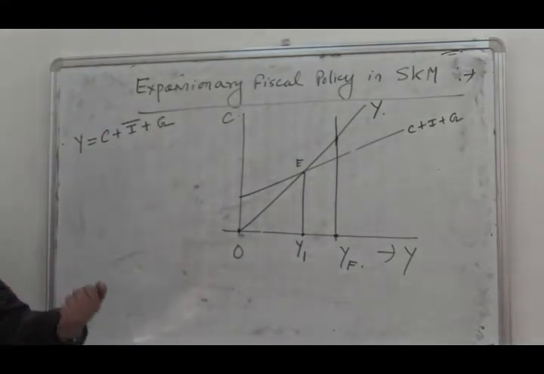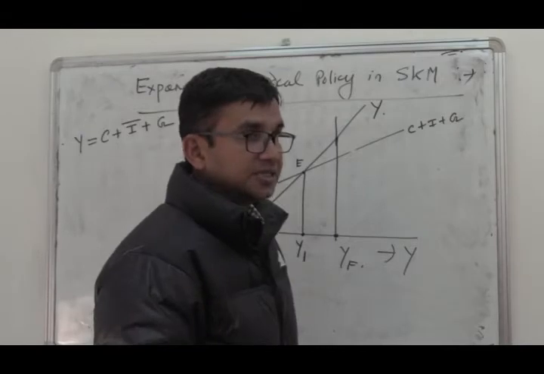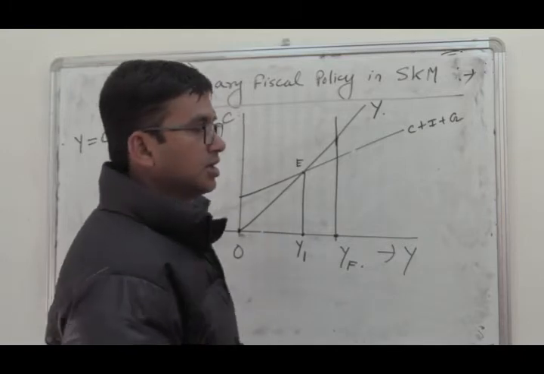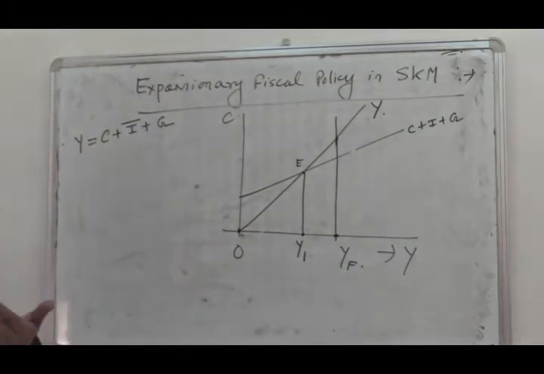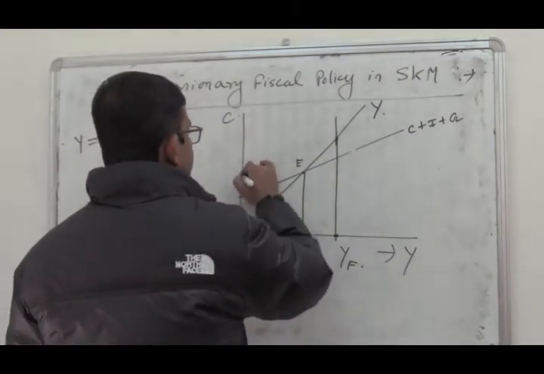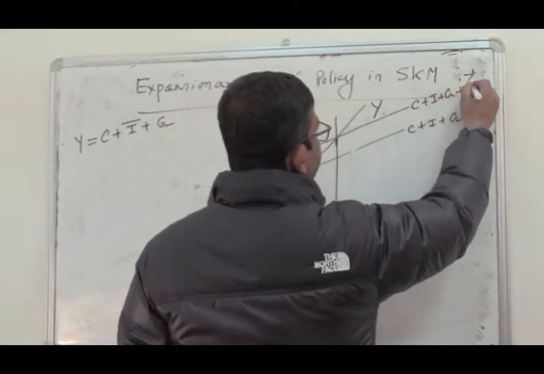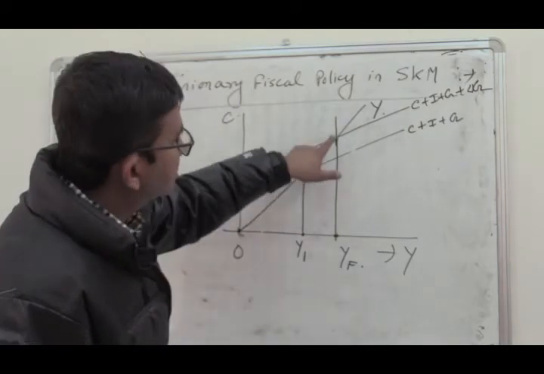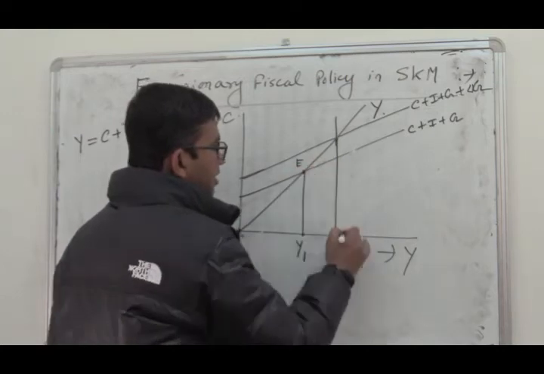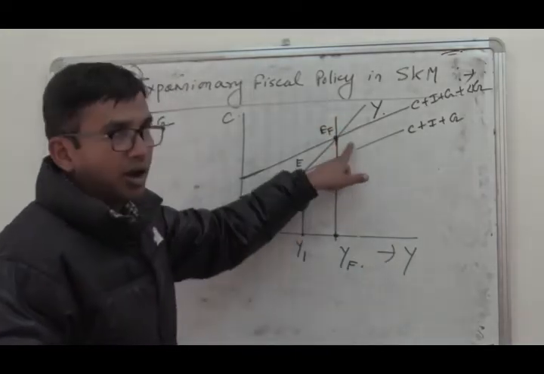So what can be done in this situation? As per Keynes, we can adopt expansionary fiscal policy. Expansionary fiscal policy can be taken here in the form of increased government expenditure. So if we see C plus I plus G plus delta G, that means government is increasing its expenditure, and this increase in expenditure will have a multiplier effect, and the economy will reach the full employment level of equilibrium.